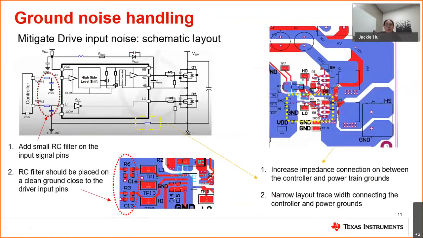For example, even though the design is a common ground design, you still want a separate ground plane, one for low current, for example your controller ground and your driver input ground, and another ground plane for your high current ground, which is your system ground. When you connect these two grounds together, you can use a thin, narrow layout trace. This will increase the impedance between the connections, and you will reduce the current or noise creeping in and going back to the input of your driver.